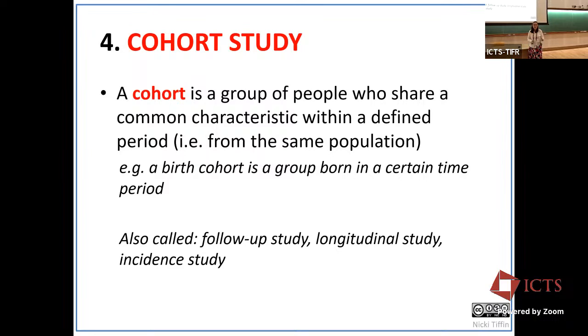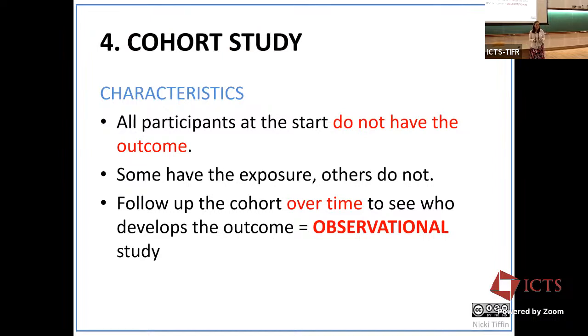The important thing is that when you start out the study, none of the people in the cohort would have the outcome of interest or outcomes of interest that you're planning to look at. So at the beginning, the participants don't have the outcome. Some will experience the exposure over time, or the exposures you're interested in, and others may not or should not. I mean, if everybody has the same exposures, you're going to struggle to find anything meaningful in your analyses.